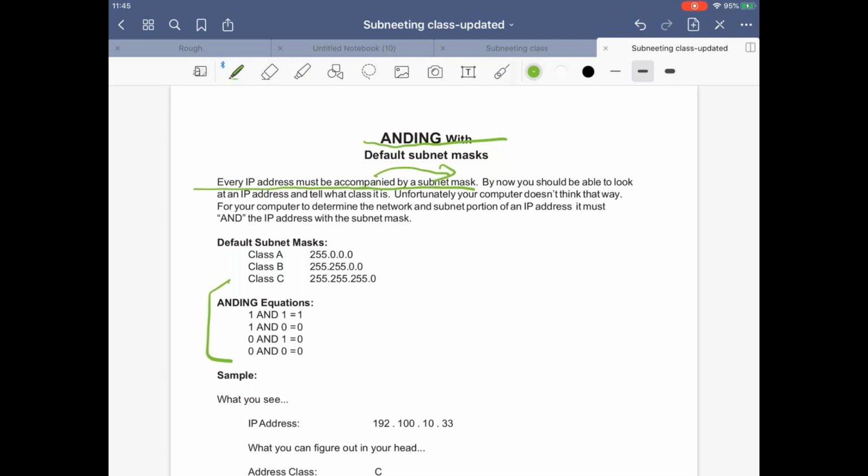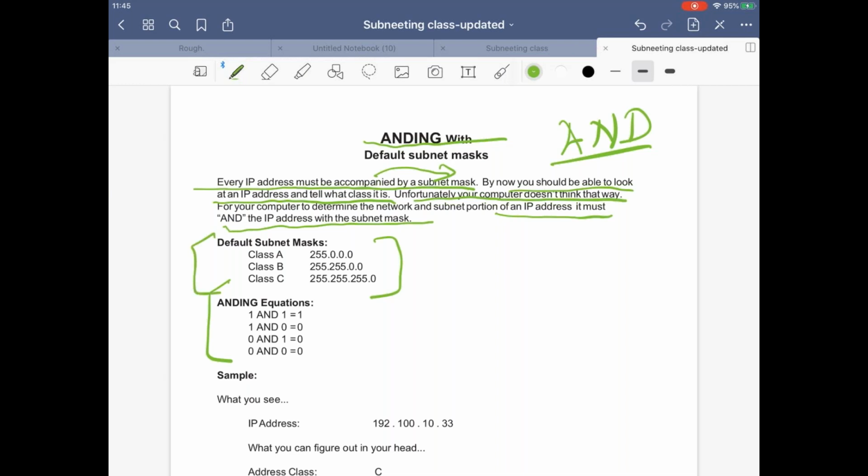By now, you should be able to look at an IP address and tell what class it is. Unfortunately, your computer doesn't think that way. For your computer to determine the network and host portion of an IP address, it must AND the IP address with the subnet mask. It is an AND operation. So this is the default subnet mask.